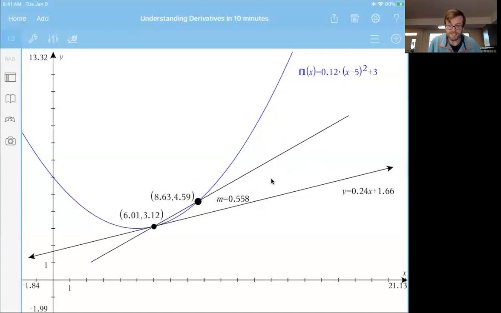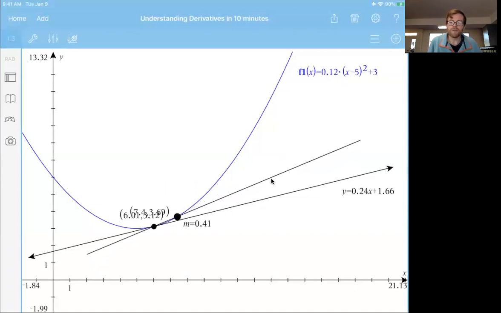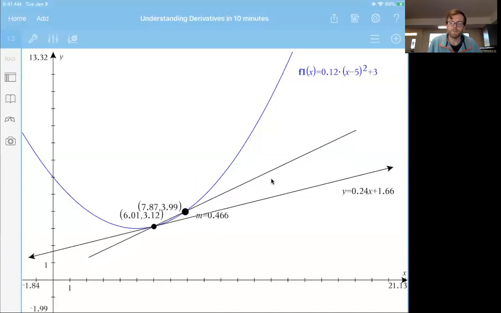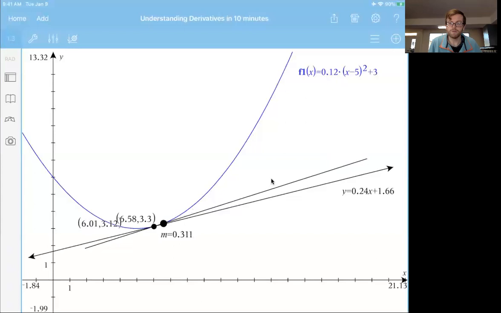And what you notice is, as you bring the 2 points closer and closer together, the slope of the line between the 2 points becomes more and more like the slope of the line you're interested in as the 2 points approach each other, right? And you can see that m is getting closer and closer to the value 0.24, just like the other line, until when the points are right on top of each other, it's 0.24, okay?